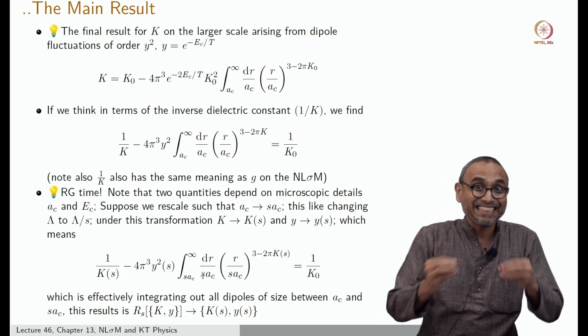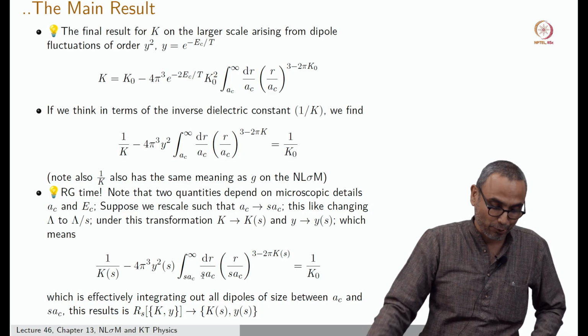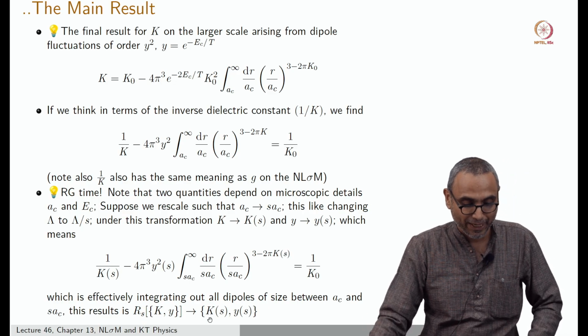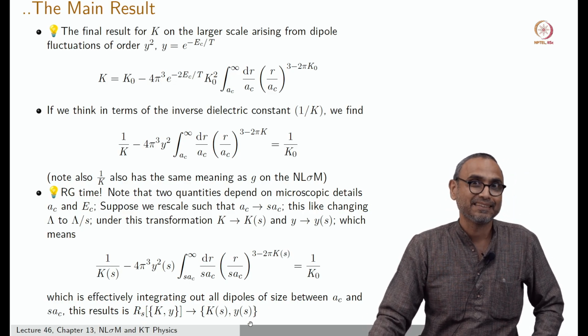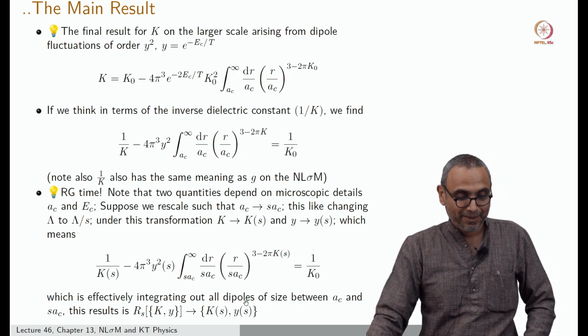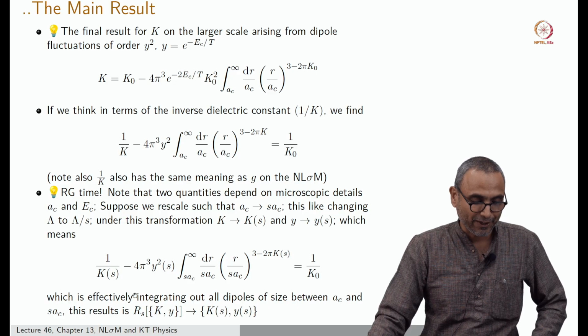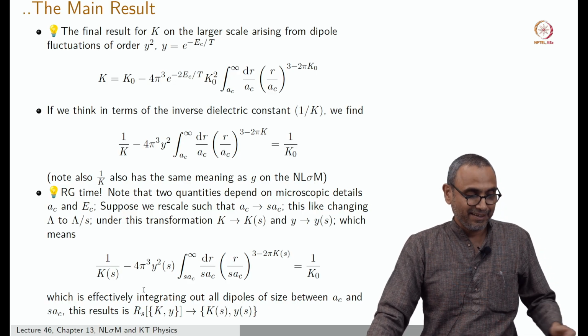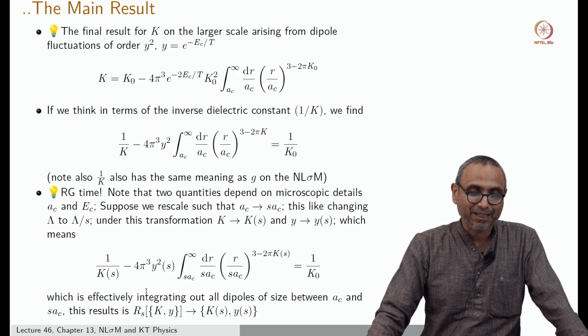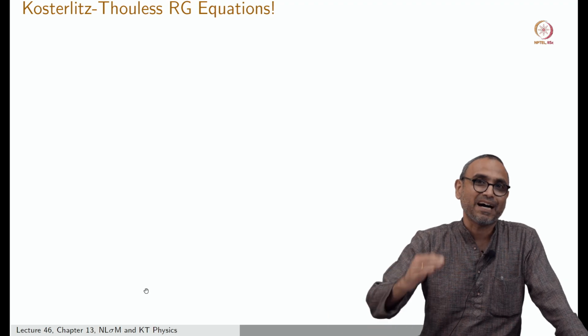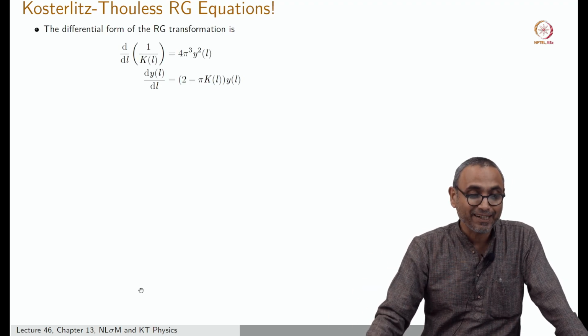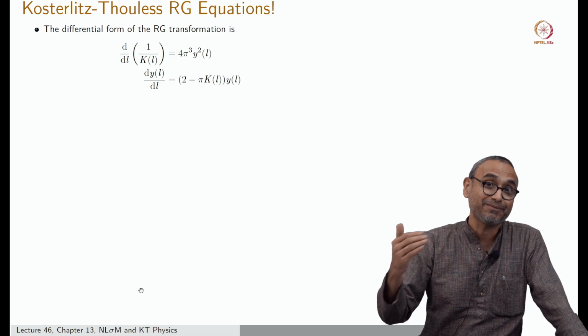So in a sense, this has given me the renormalization group transformation R_s from K, y to K of s, y of s. Okay. Now I can do some analysis and figure out what y of s and K of s should be. In the interest of time, I will quickly show you from this R_s transformation what renormalization group equations we obtain.